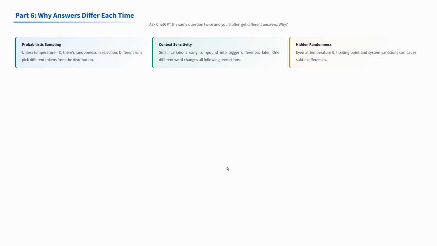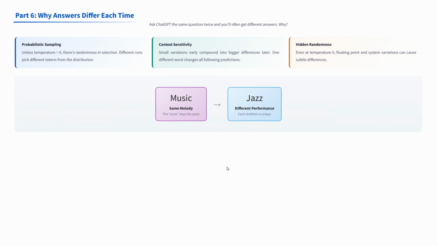Second, context sensitivity. Small variations early compound into bigger differences later. If the model picked "quickly" instead of "fast" in the first sentence, that changes every prediction that follows. Third, hidden randomness. Even at temperature zero, floating point arithmetic and system variation can cause subtle differences.